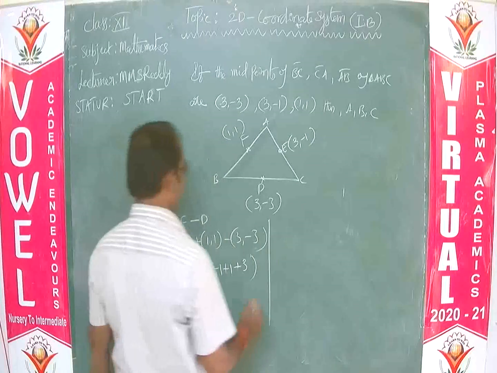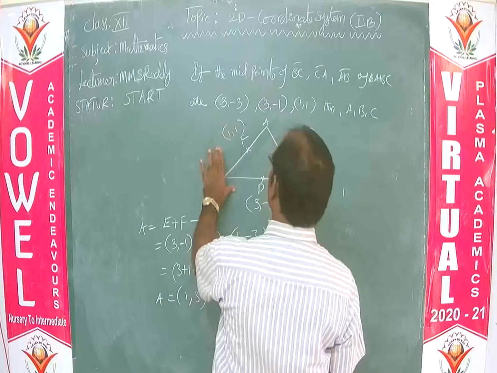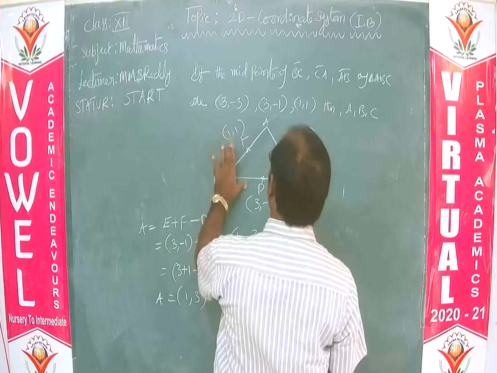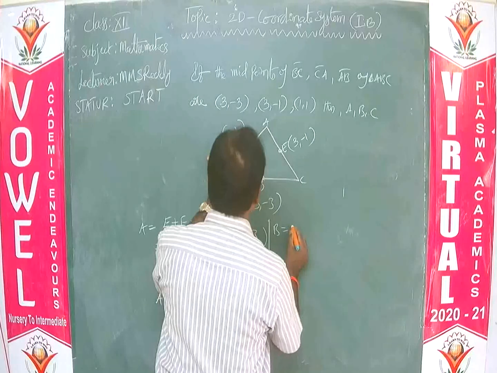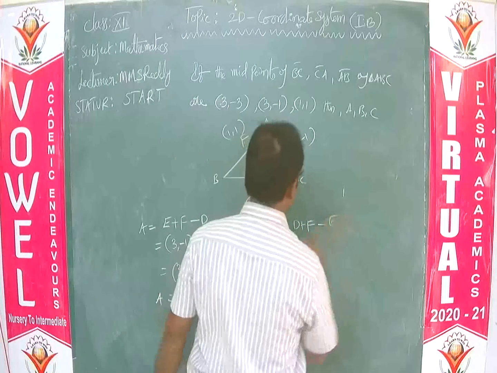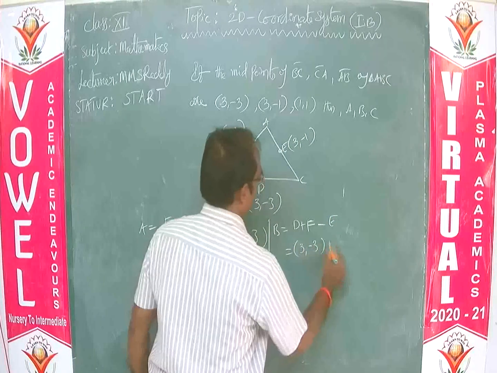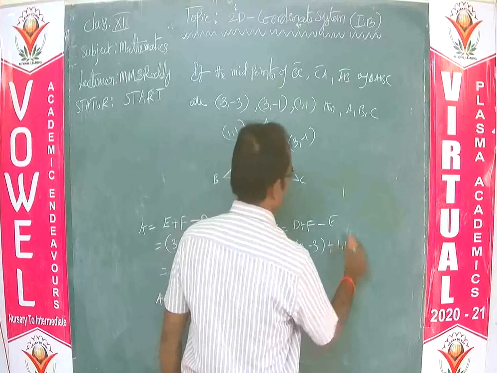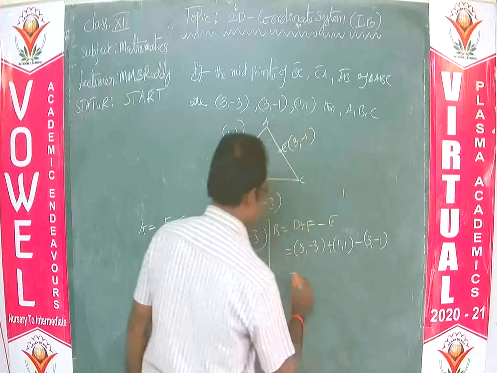Similarly, we can find the remaining vertices. B is equal to the sum of the midpoints of adjacent sides to B, D plus F minus E. So D is 3, minus 3, F is 1, 1, minus E 3, minus 1.